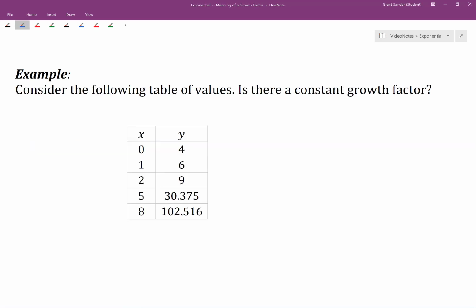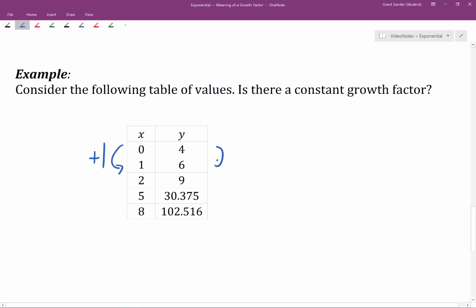Let's consider another example. We have a table of values for a relationship between x and y, and we want to know if there is a constant growth factor. So first we'll look at this table, and we see that on the left-hand column we have values of x, and then on the right we have values of y. Between the first two rows, x increases by 1.